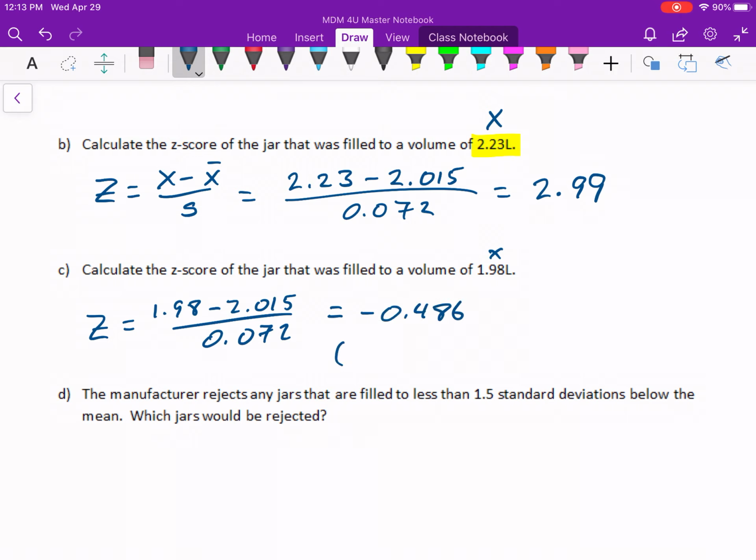Negative just means that it's below the mean. We saw that the mean was 2.015. Obviously 1.98 is less than that, and that's all that the negative is indicating.